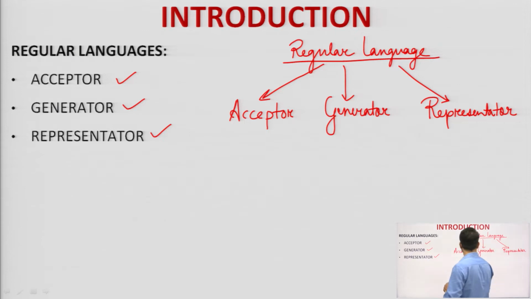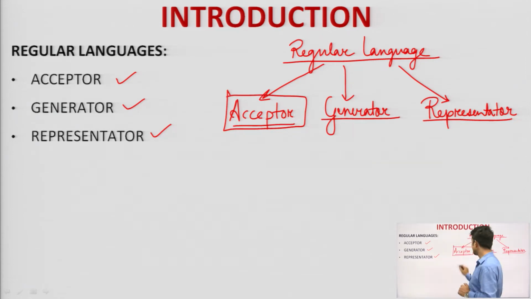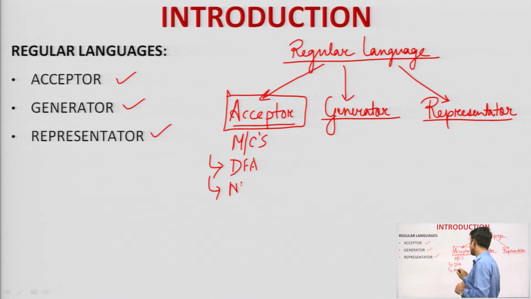If we talk about these 3 things, I have discussed one particular thing very well, the acceptor part. The acceptor part is nothing but the machines, that is DFA, NFA and NFA with epsilon transition.